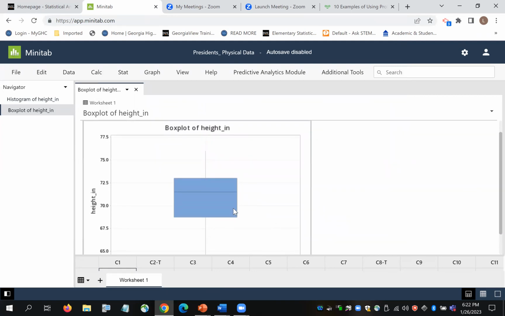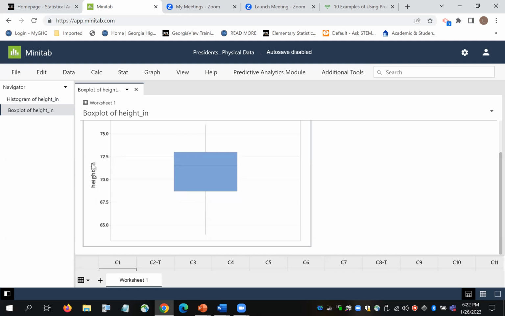Now, this one changes just a little bit. My scale is now on the vertical. So the height in inches is here on the vertical. If I hover my mouse over the blue box, it tells me the values for quartile 1, the median, quartile 3, and the interquartile range, and that I had 45 values.